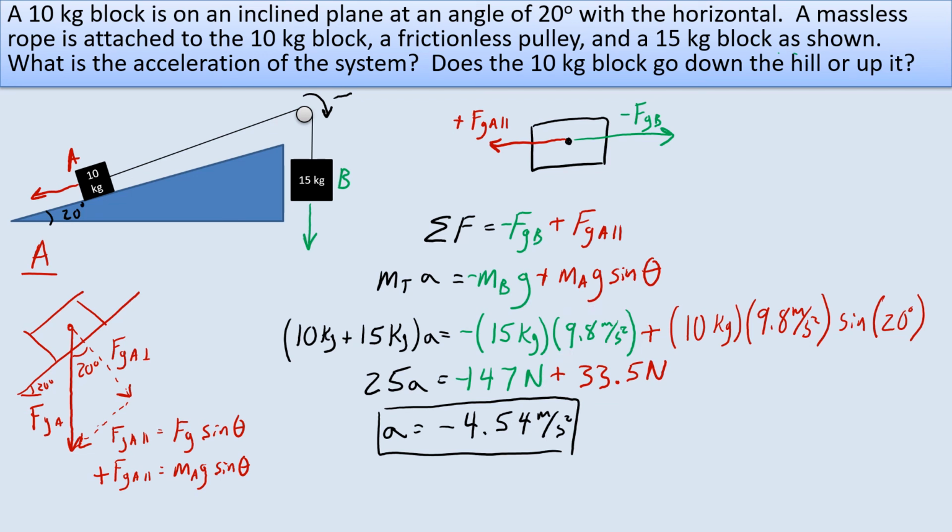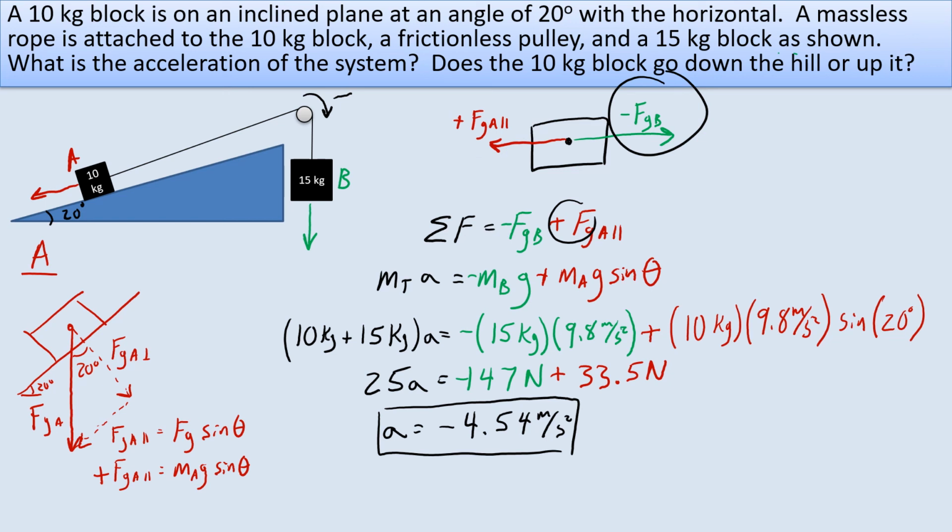So you have a component of the weight going in the positive direction, and you have the full weight of this 15 kilogram block going in the negative direction as shown by our pulley. So you do your net force equation, summing up the forces, being careful about the positive and negative directions.